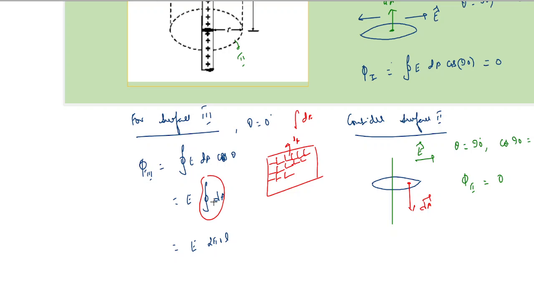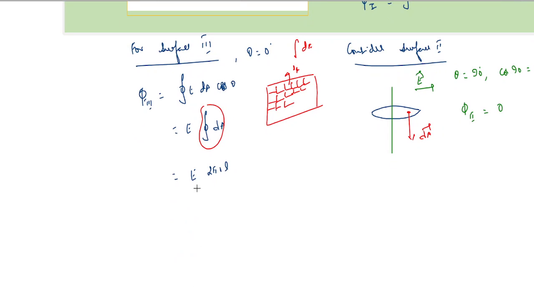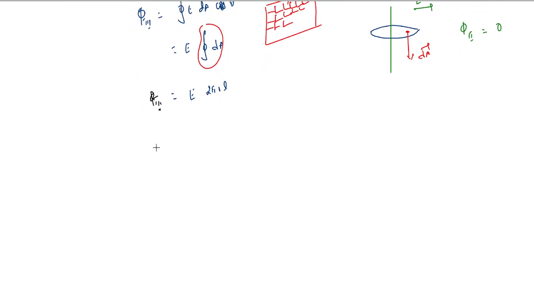So here also, if we integrate all the small elements, we get the total area, which is 2 pi r L. This is the area of the curved part, and the flux would be E into 2 pi r L. Therefore, the total flux would be the flux through surface 1, which was 0, plus the flux through the second surface, which was 0, plus the flux here, E into 2 pi r L. Therefore, the electric flux through this cylinder would be E into 2 pi r L. We call it 1.